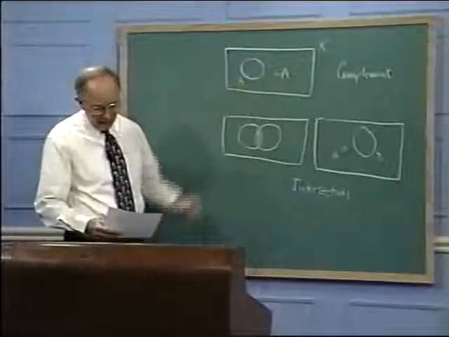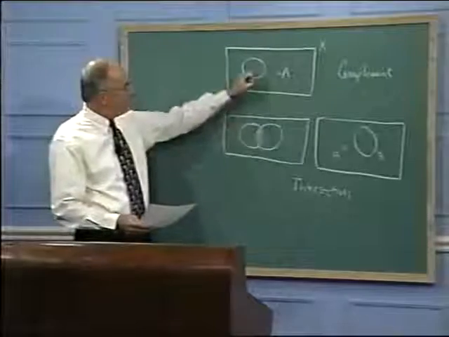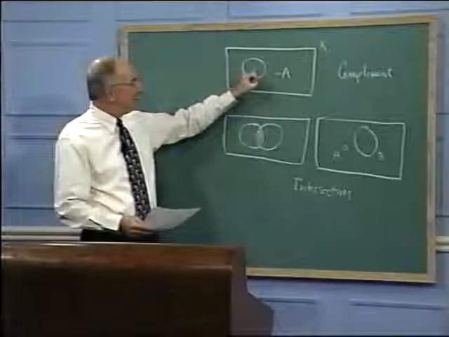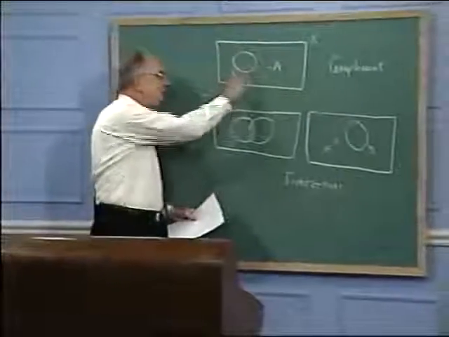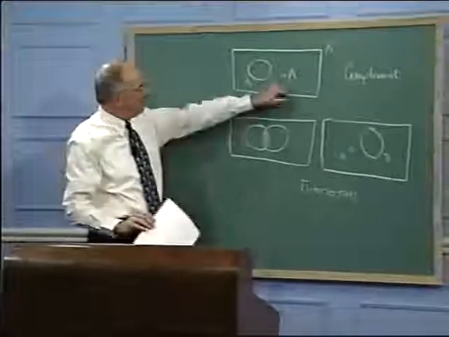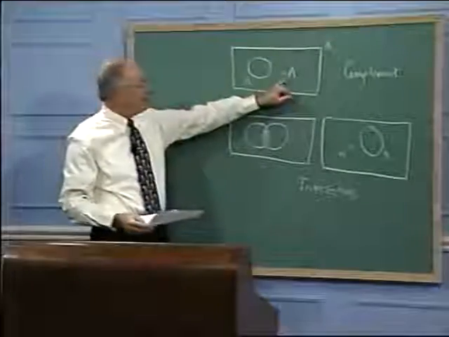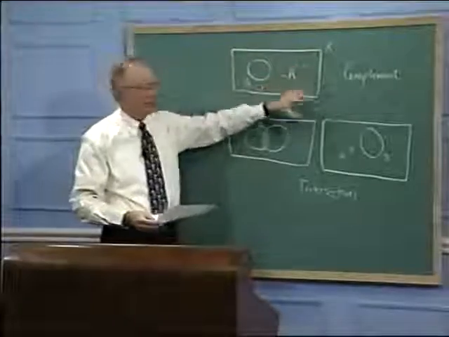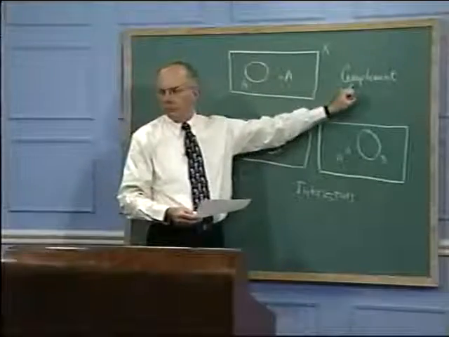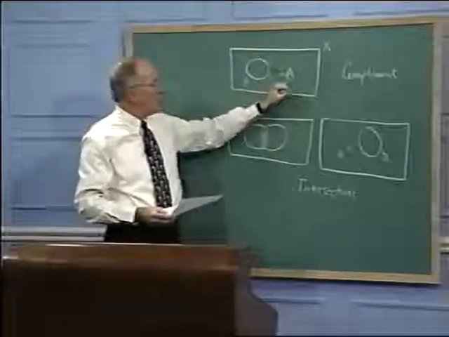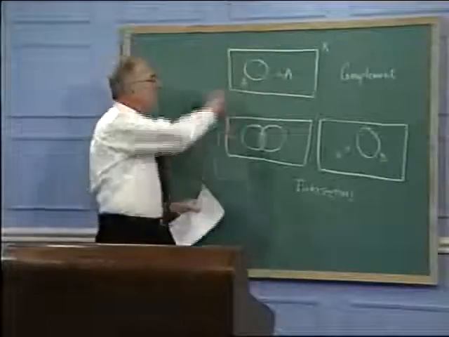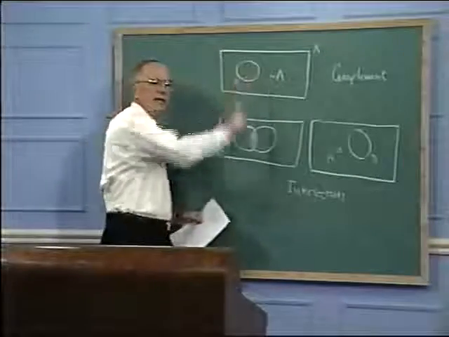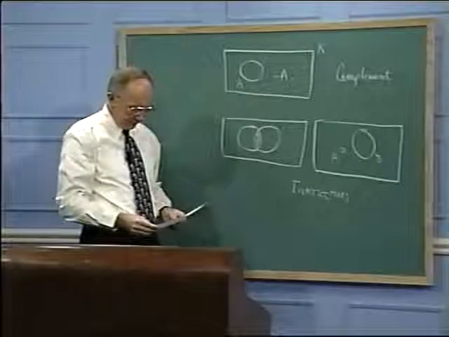Now, I have an event A. And if event A occurs, the point will fall inside of the circle. If it doesn't occur, A doesn't happen, and that's everything else. So this is known as a complement. A and not A. A spatially represents the fact that the event occurs, that the event happens.